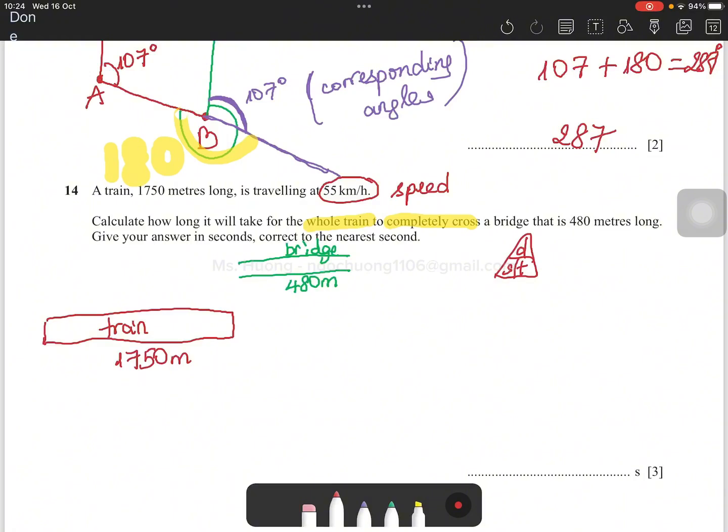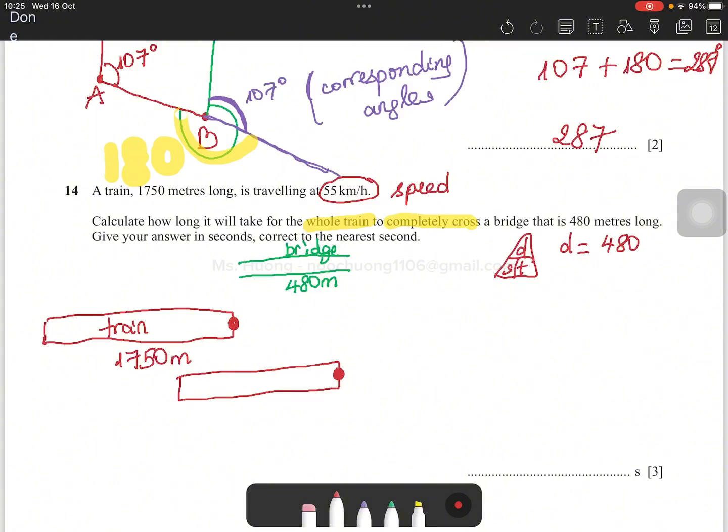Some students may think that the distance that the train covers is 480 meters, but this is totally wrong, because in that case, for example, if the train covers 480 meters, then suppose that this is a point on the train, then the train doesn't completely cross the bridge.